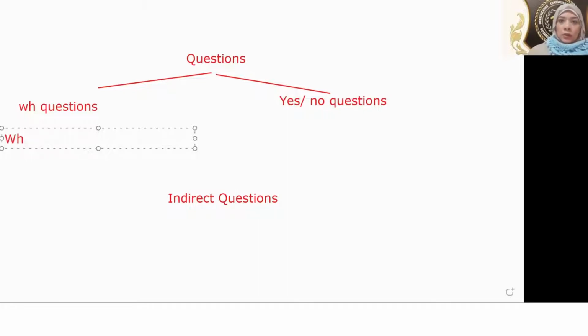The WH question is all about a WH question word like what, for example. After the WH question word, we have to find a helping verb, which can be verb to do, verb to have, or verb to be, or a modal verb like can, could, will, or would. Let's have it here: what do you do at the club?